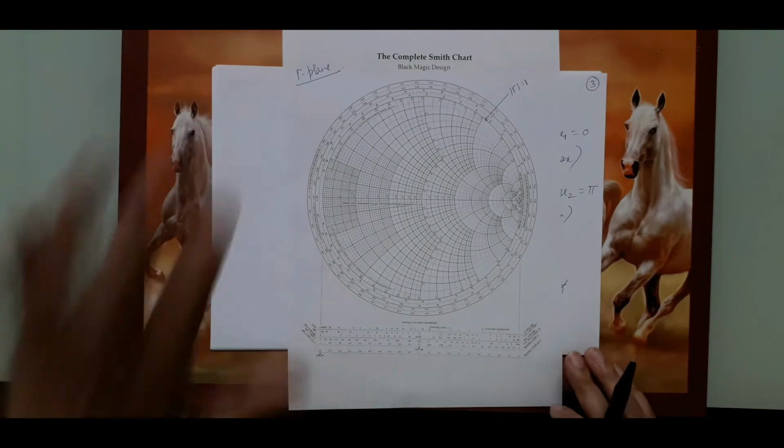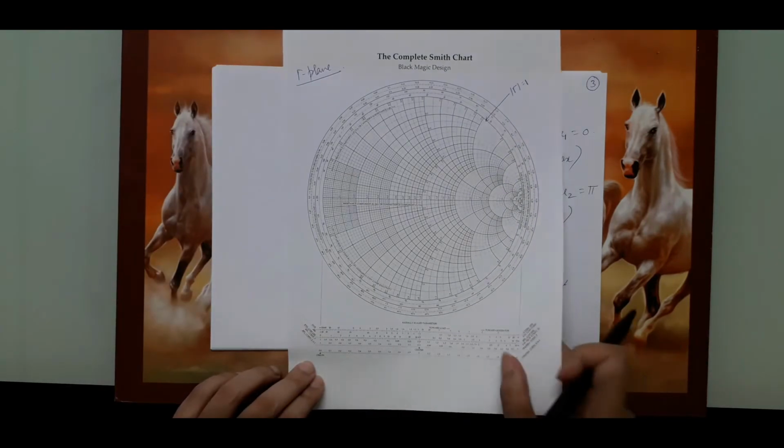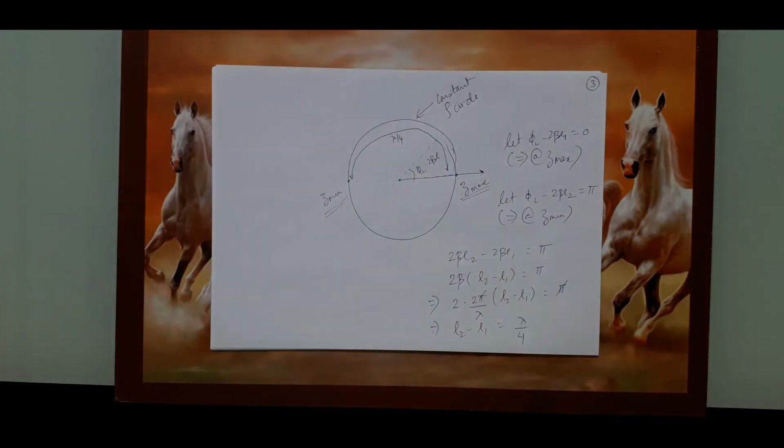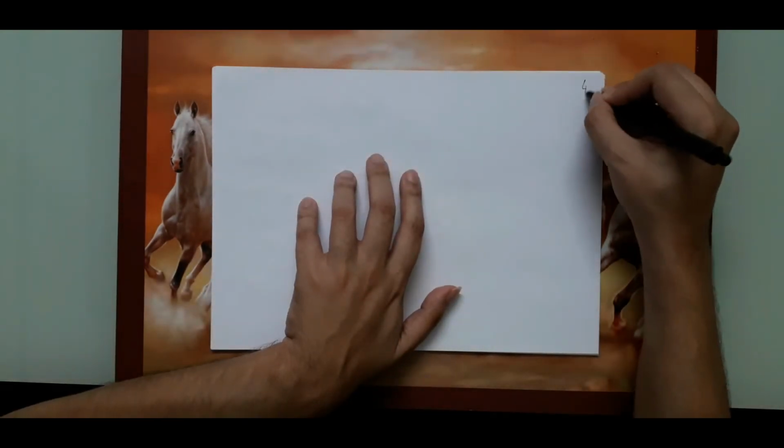So let us understand this Smith chart by taking an example problem.